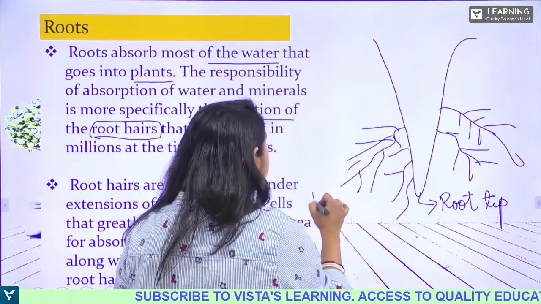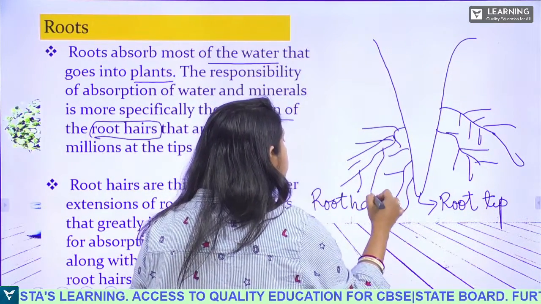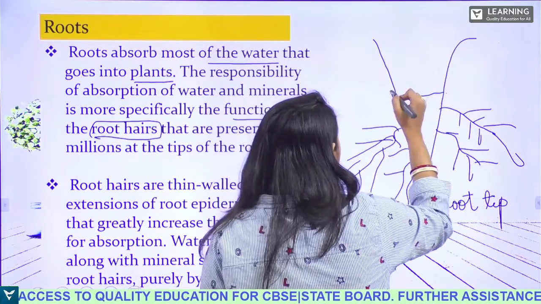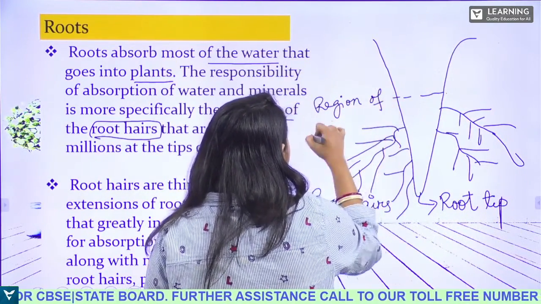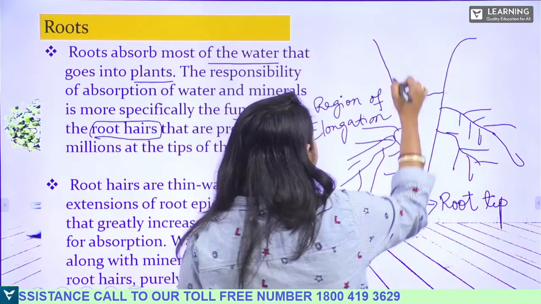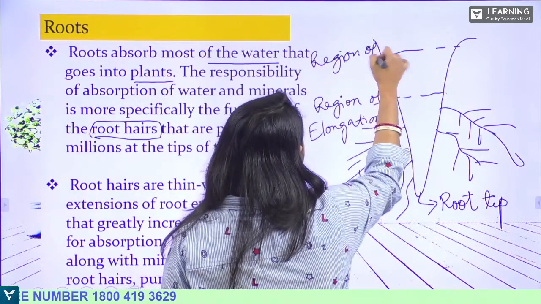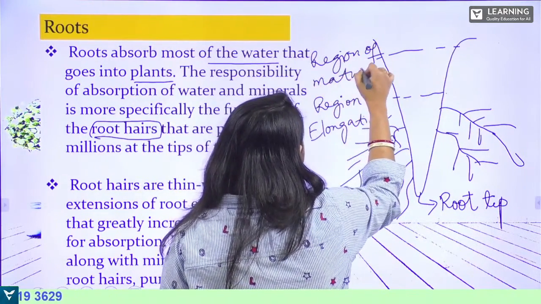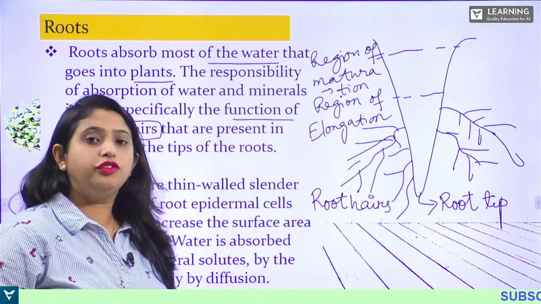These are the root hairs, this is the region of elongation, and this is the region of maturation, which you studied in chapter number 6, the anatomy of the plant.